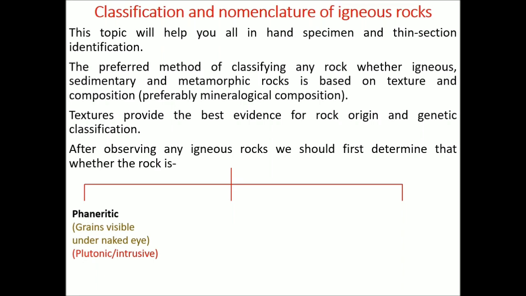Those 7 systems of crystallization will be covered in the crystallography lecture, but here we will be concentrating on the igneous aspects. So one is phaneritic, where the rock grains are visible to the naked eye, or they cannot be seen with the naked eye. Then the rock can be named aphanitic, which is generally true for volcanic or extrusive rock.